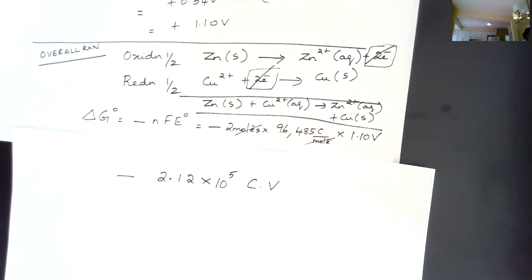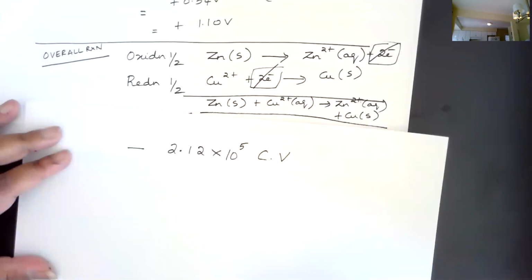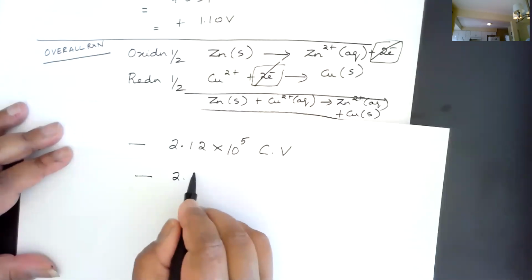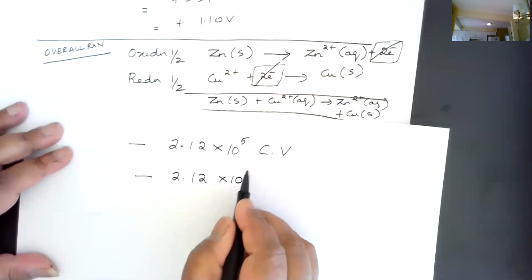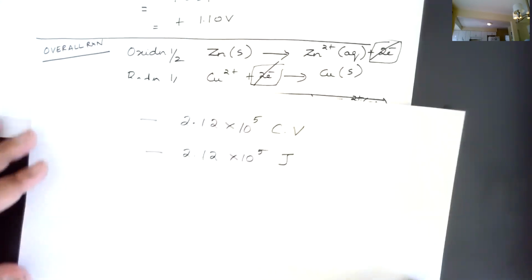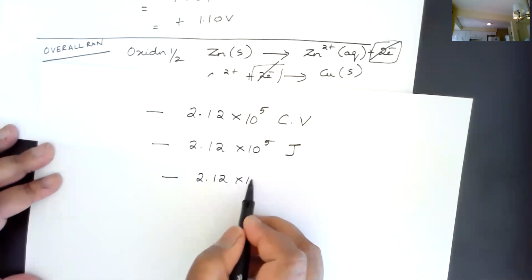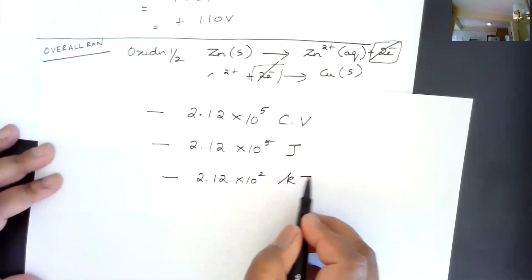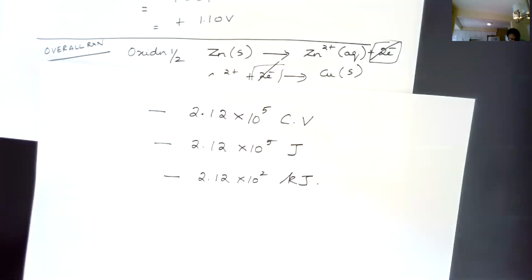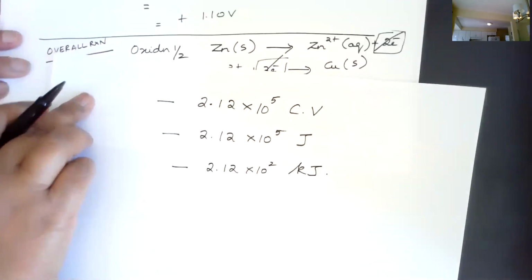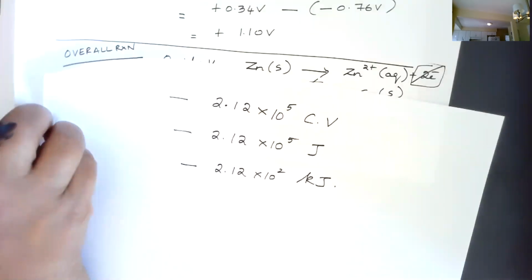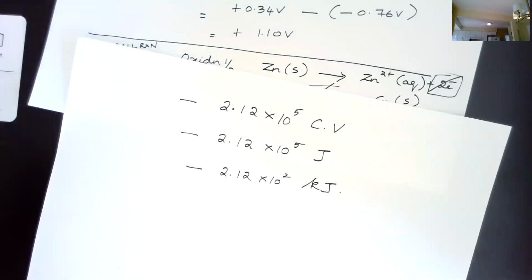Joule. So coulomb times volt is nothing but joules. Okay. Now you can convert this to kilojoules, 10 power 2 kilojoules, if asked. Okay. So this is not a difficult calculation.